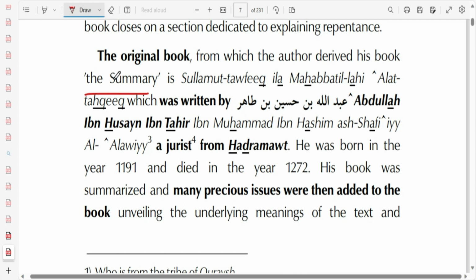It was taken from another book called Sullum al-Tawfiq ila Mahabbatillahi ala al-Tahqiq, which was written by Abdullah ibn Hussein ibn Tahir ibn Muhammad ibn Hashim al-Shafi'i al-Alawi. Sullum al-Tawfiq means the ladder of success. A jurist from Hadramaut, meaning a scholar from Hadramaut, that's in Yemen.